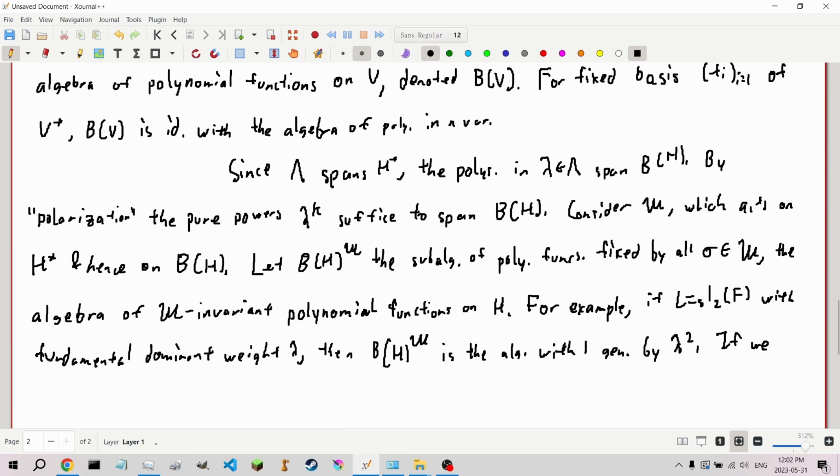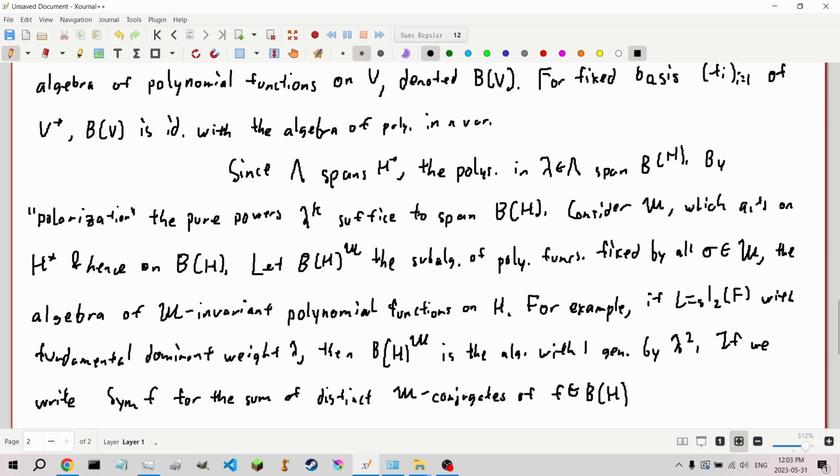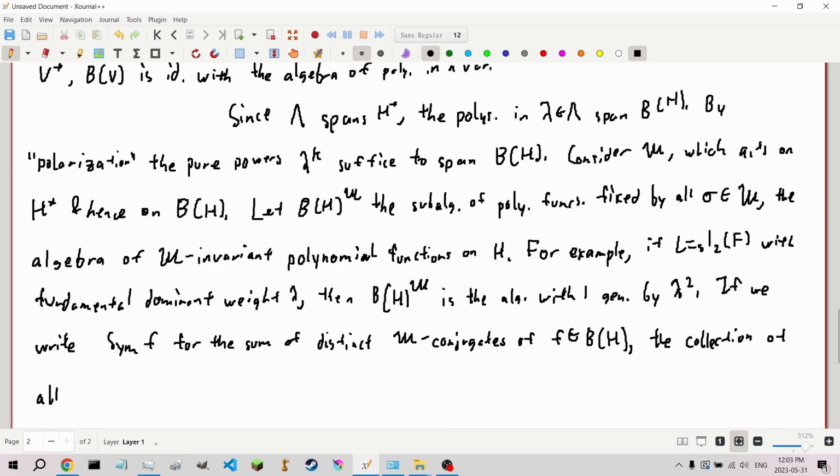If we write the sum of f as the sum of all distinct Weyl conjugates of f in the algebra of polynomial functions on H, then we know that the collection of all Weyl conjugates of lambda to the k is going to span the Weyl invariant polynomials of H.